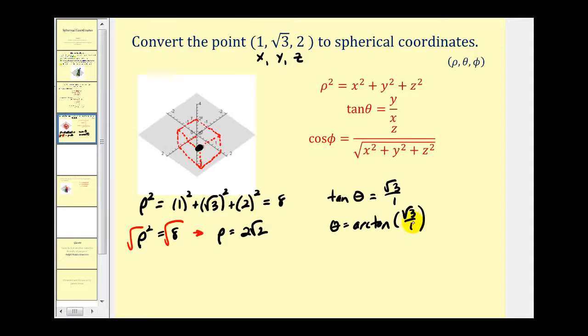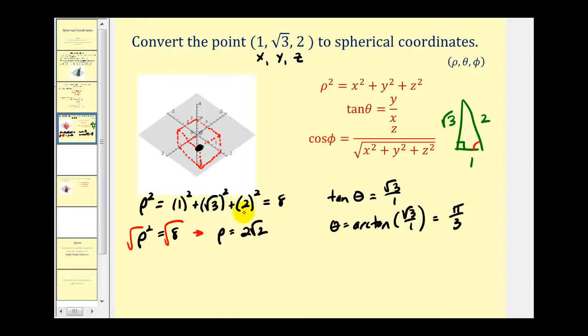Now this ratio should remind us of a 30, 60, 90 right triangle. This angle here would have a tangent ratio of square root 3 over 1. That's going to be a 60-degree angle, or pi over 3 radians. And now we're left to find angle phi.